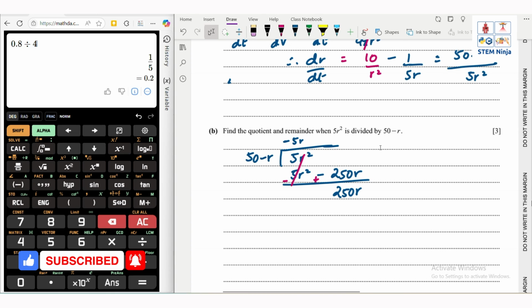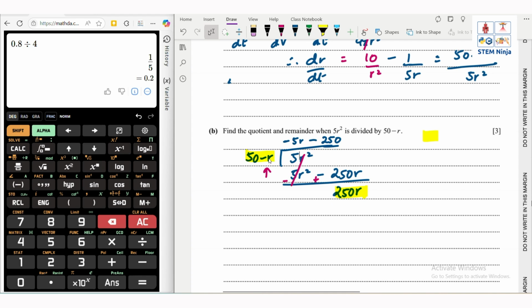So a common mistake is to stop over here. How do we know? You have a 250r and a 50 minus r. So basically r and r terms, single power. So that means we can go further over here. What we do is we multiply our divisor with minus 250 further to get the required term.